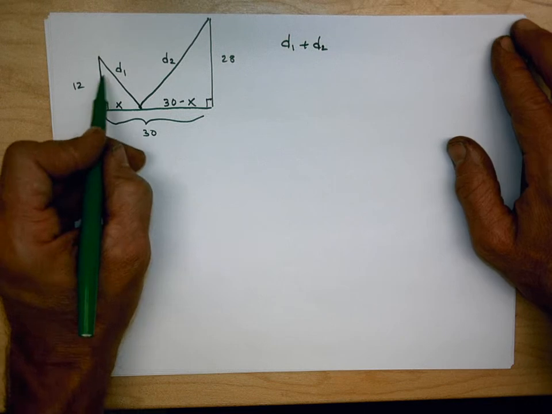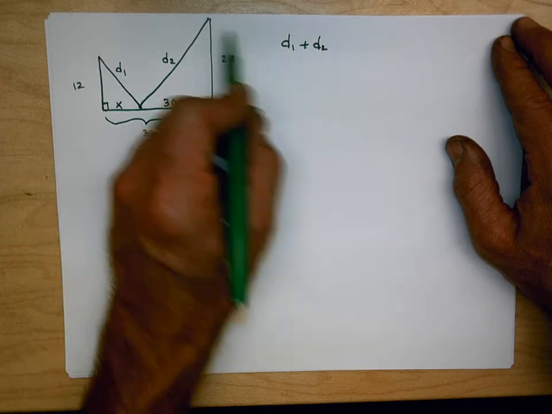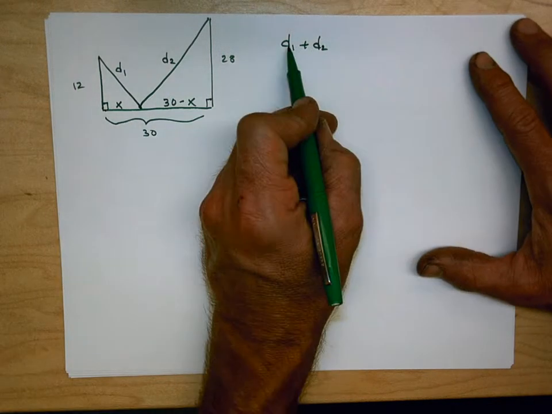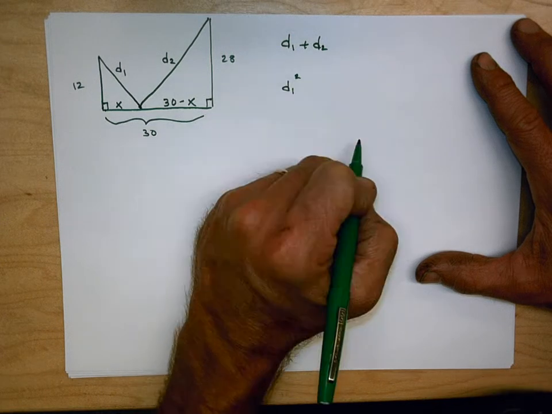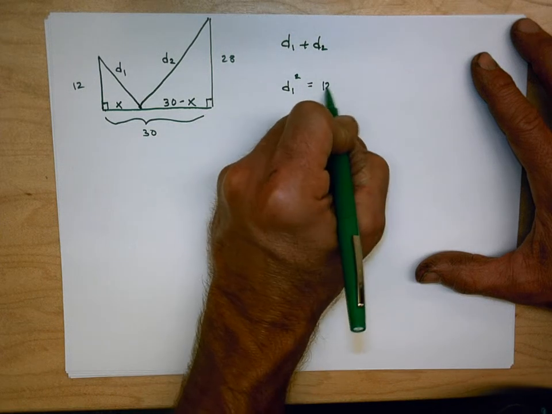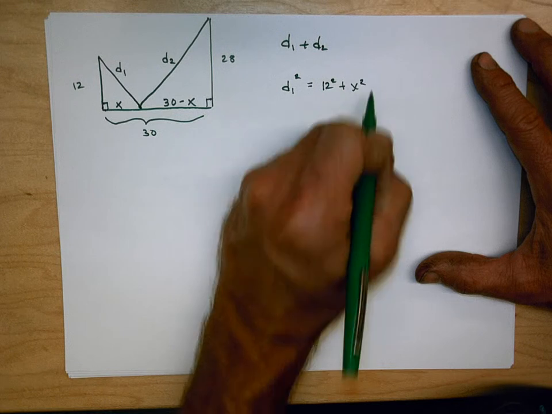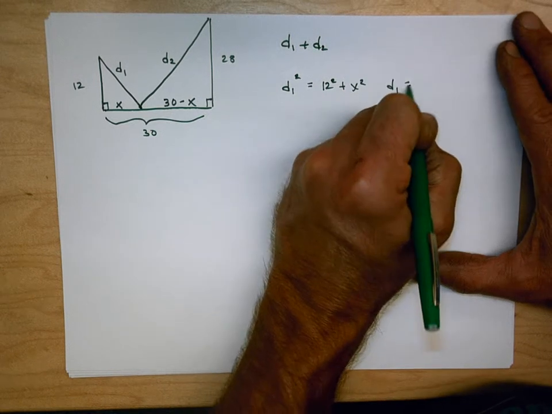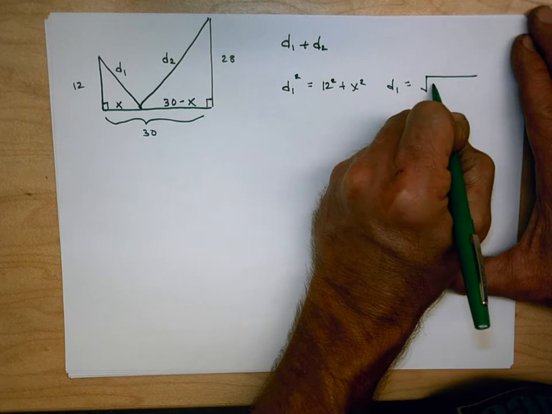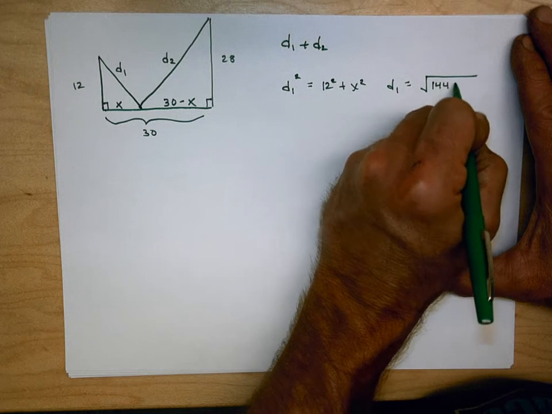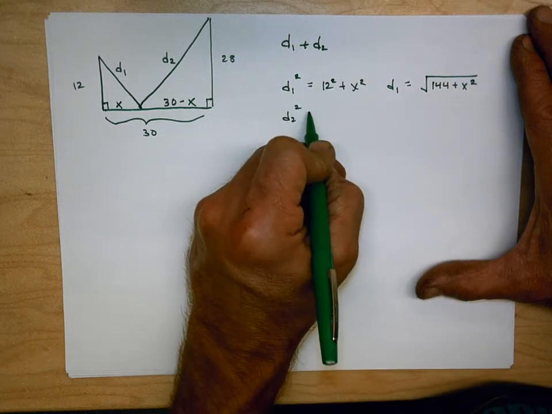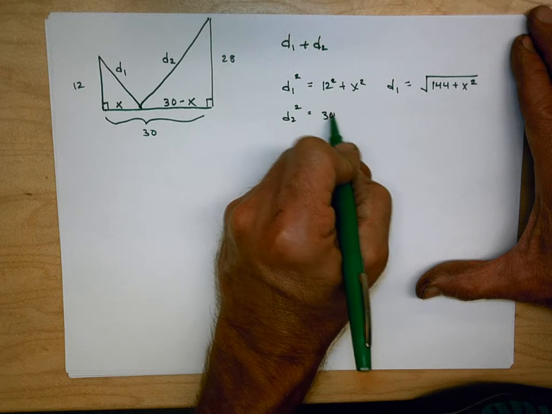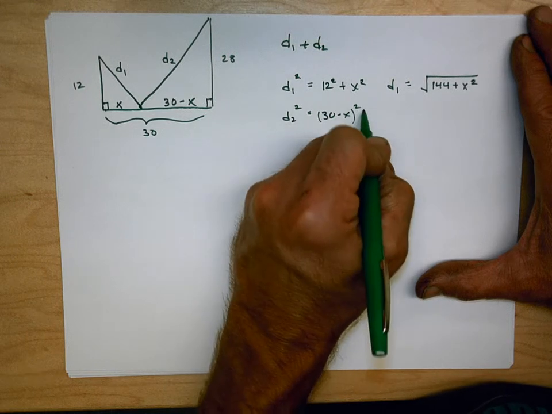So clearly the Pythagorean theorem applies to each of these triangles, so we can get an expression for D1 and D2. So let's say D1, since it's the hypotenuse, D1 squared equals 12 squared plus x squared, so that D1 equals the square root of 144 plus x squared. D2 squared equals (30 minus x) squared plus 28 squared.